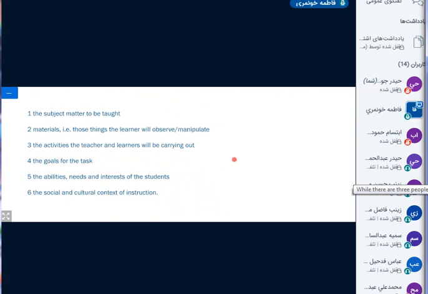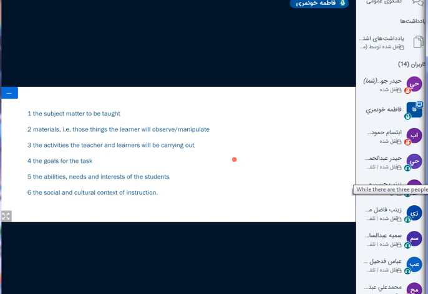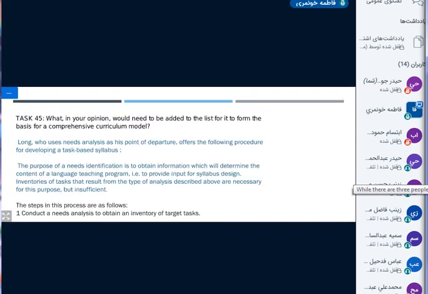First, you need to consider the subject matter that you want to teach, what materials are used, those things the learner will observe and manipulate, which ones are they, the activities that the teacher and learner will carry out, the goals for the task, the abilities, needs, and interests of the students, the social and cultural context of instruction, which is very, very important because this is what makes the task meaningful for the students.